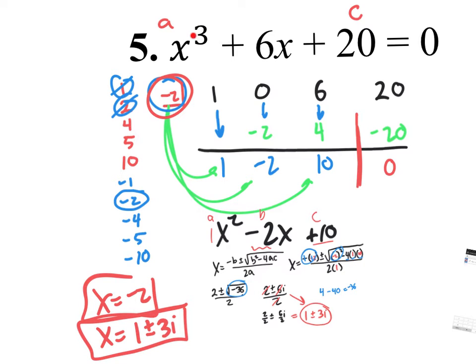And that makes total sense because the degree is 3. Whatever your degree is, that's the maximum amount of answers that you could get. Sometimes they might all be real, sometimes only one is real and 2 imaginary, like right here. It all depends. A 5th degree, you could have maybe 4 imaginary and 1 real, or maybe 2 real and 3 imaginary. It all depends. Let's move on.